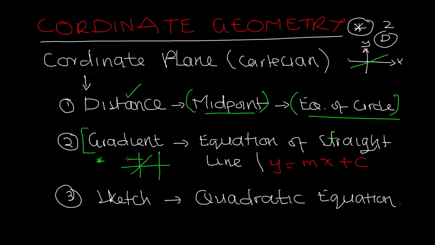When I have something like this, x is changing whilst y is not changing. Sorry, y is constant, okay? So we're saying that y is constant at that point. Then we can use this to calculate the equation of that straight line, okay?